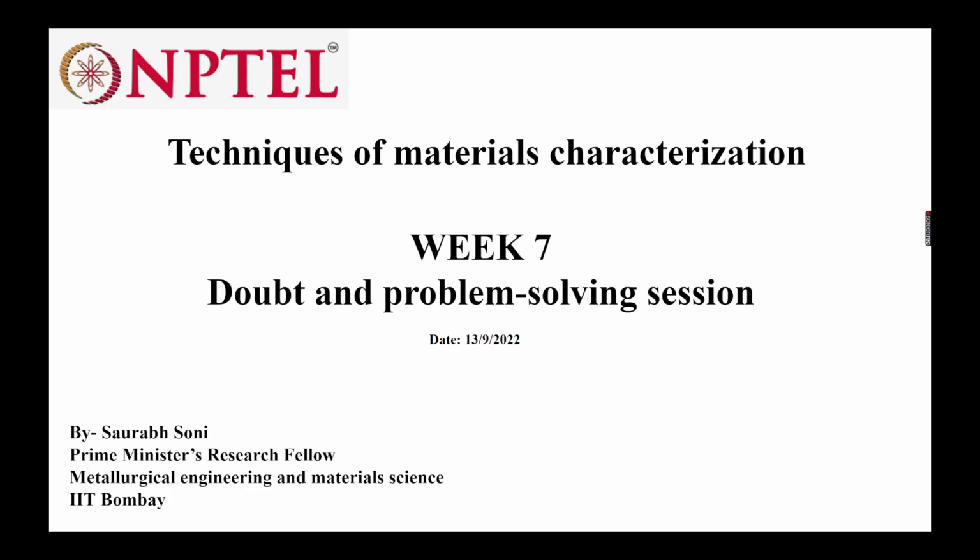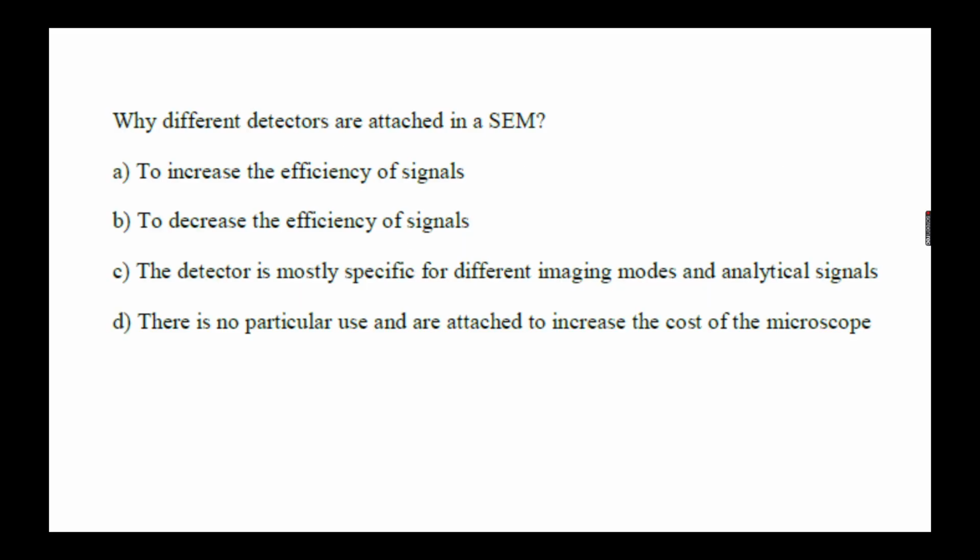So it all depends on the detector. If the signal is accepted by the detector, then only can we further process our results. So the detector is very important, and in this week we will mainly cover questions regarding our detectors.